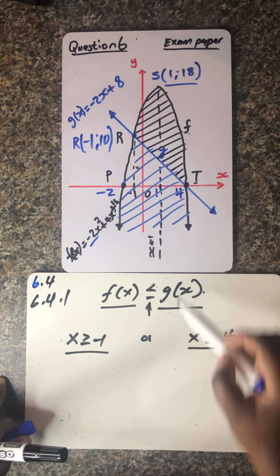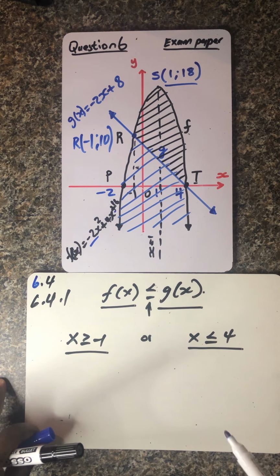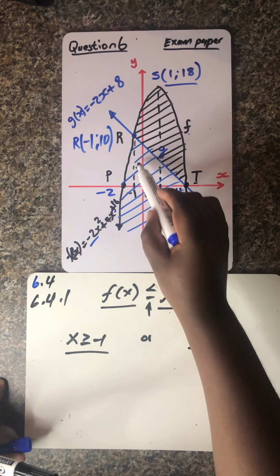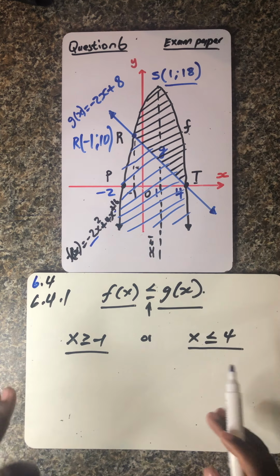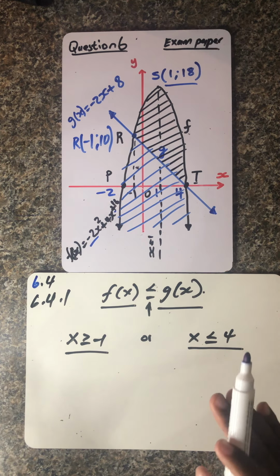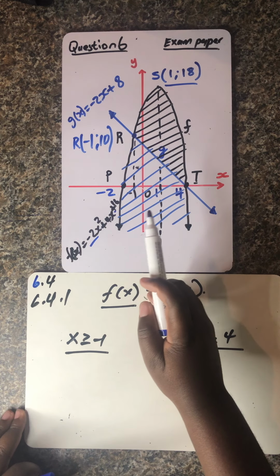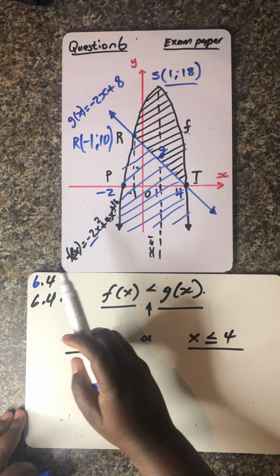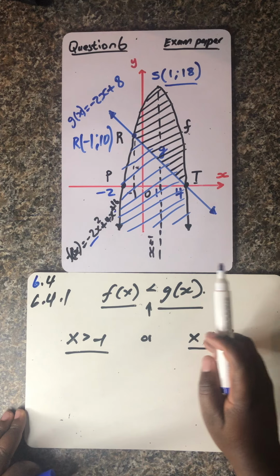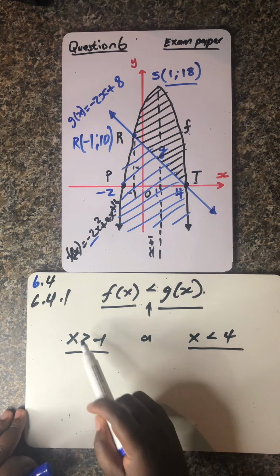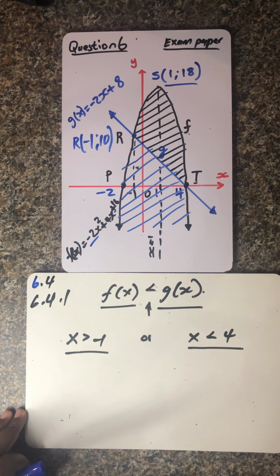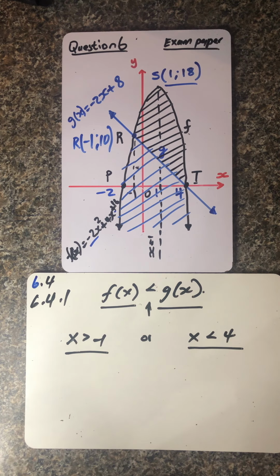So I'll have to make sure that I teach you this lesson in full so that you understand what they mean when they say something is less or equal to. If they just said less than, then there you just have less than. So that sign of inequality depends on what was given in the question. Very, very much important, ladies.